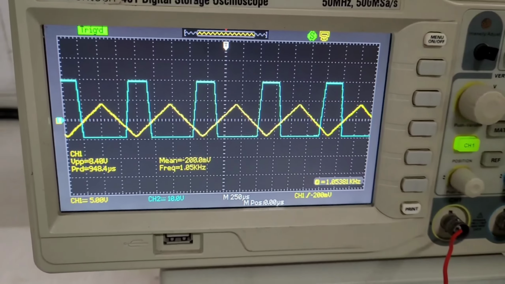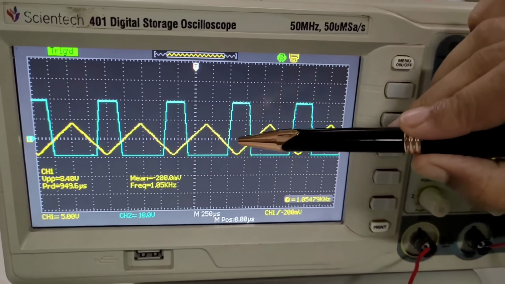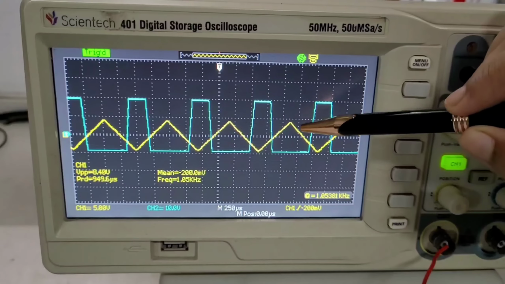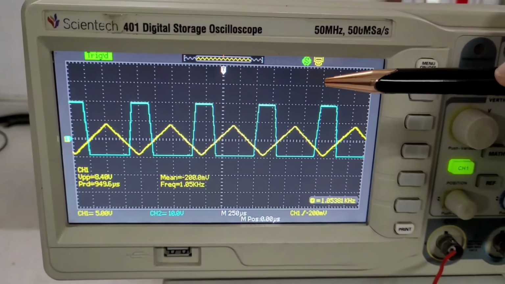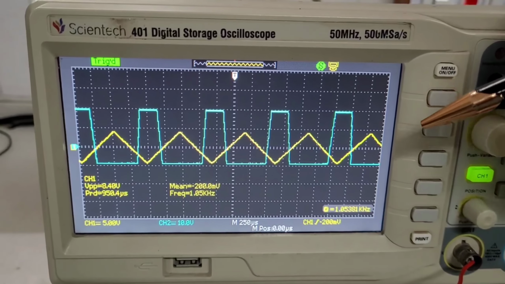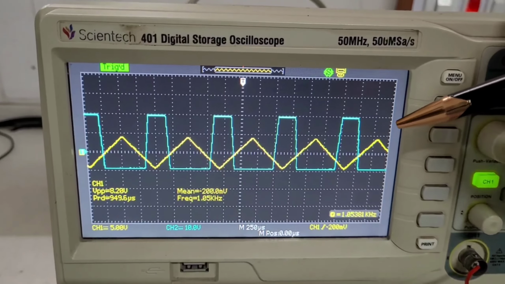The inverting NLD, as we can see, the output wave shape is out of phase with respect to the input signal. For non-inverting NLD circuit, we just need to interchange the pin number 2 and pin number 3.